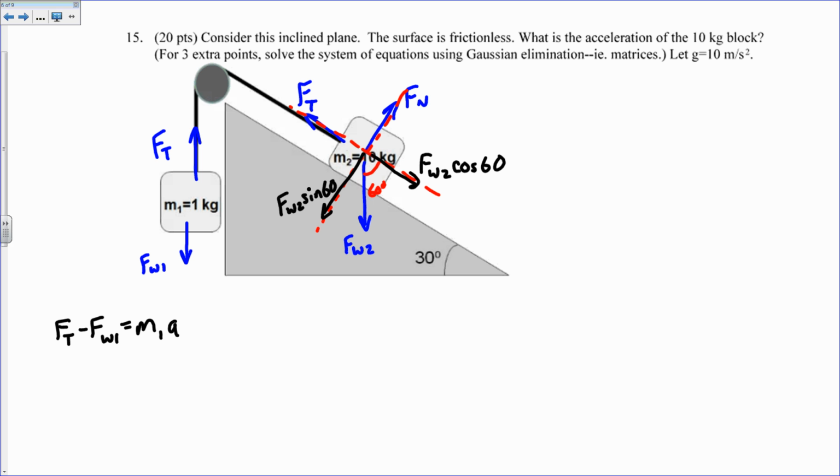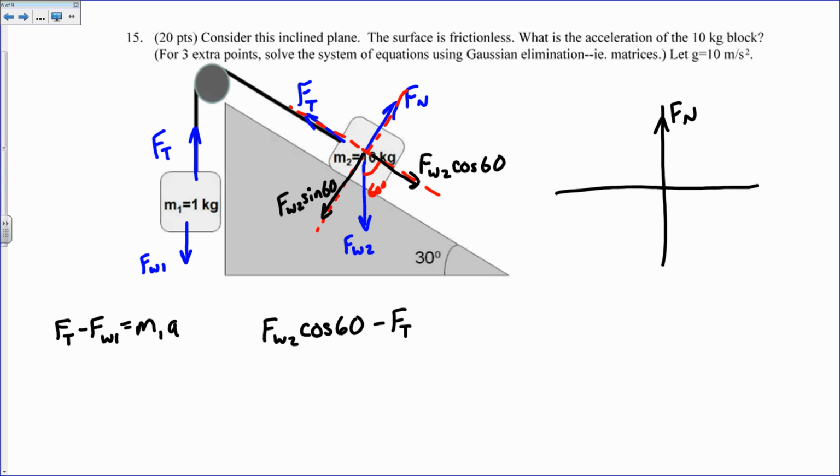All right, I can also do M2, and I have FW2 cosine 60 minus Ft. Let's go ahead and write these actually. Hopefully you're to the point where you don't need to do this, but I have Fn, FW2 cosine 60, FW2 sine 60, and then Ft.